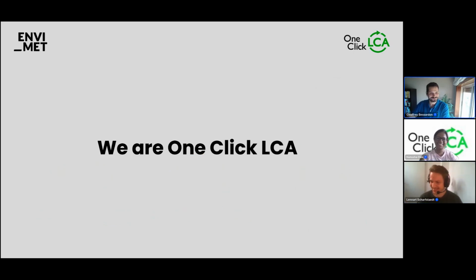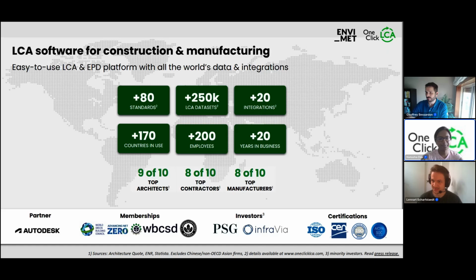Welcome. All right. So we are One Click LCA. I will give you a short introduction into what One Click LCA does, and then I will hand it over to Leonard and Geoffrey. So One Click LCA, we are an LCA software. We have three verticals of tools. We have LCAs for building, we have LCAs for infrastructure projects, and we also have EPDs.